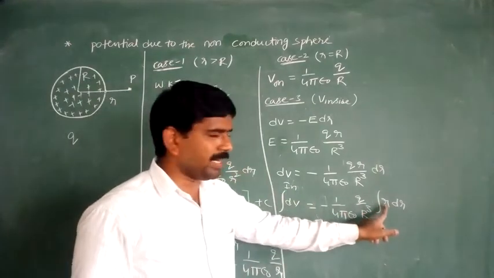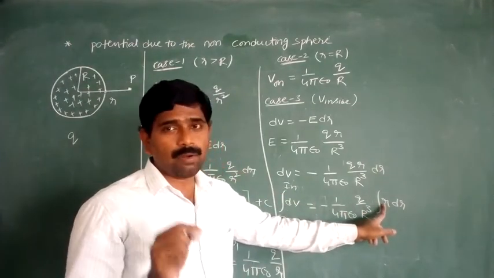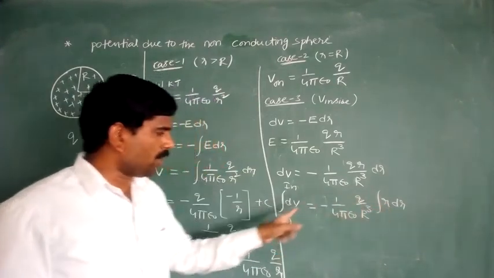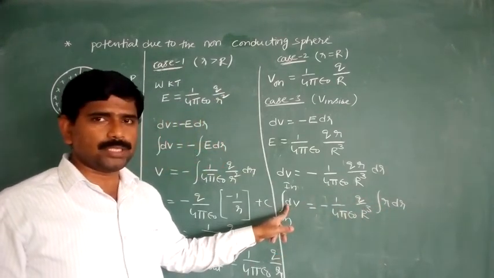Which one is the variable? Small r is the only variable, so the potential also changes corresponding to small r.